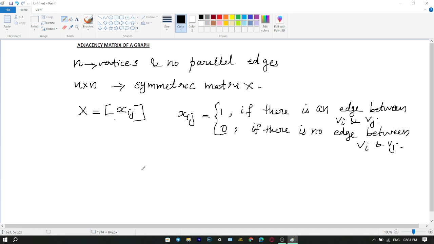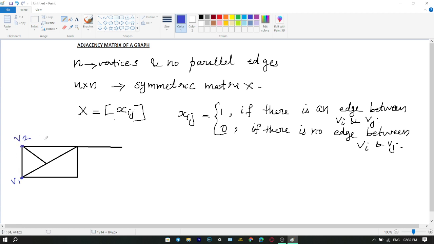Now let us move to one example. So here we can consider a graph. Let us consider this example. Now we can name its vertices like this. This is V1.